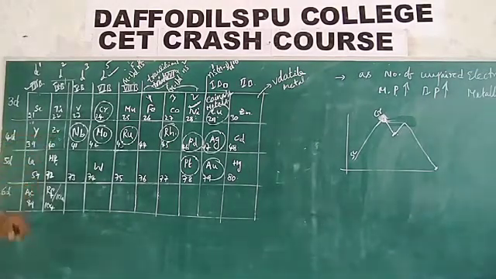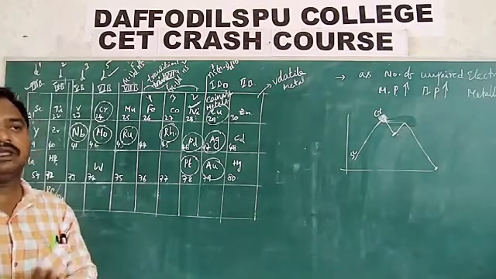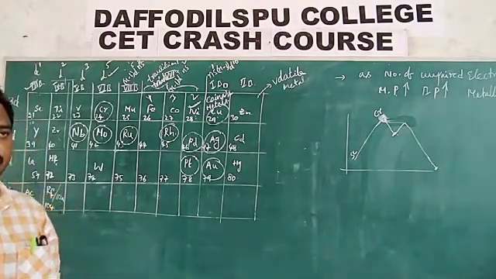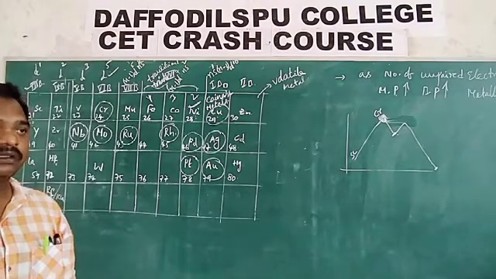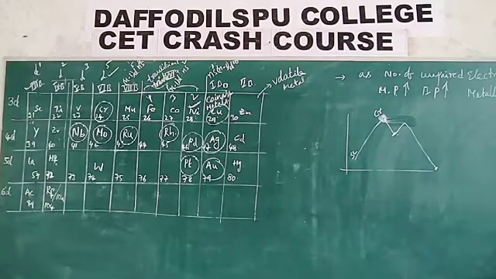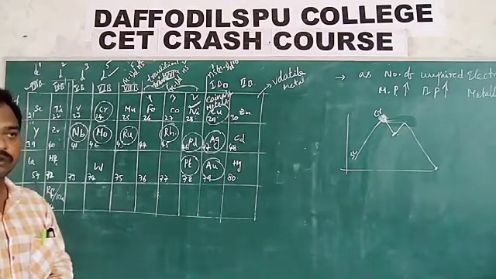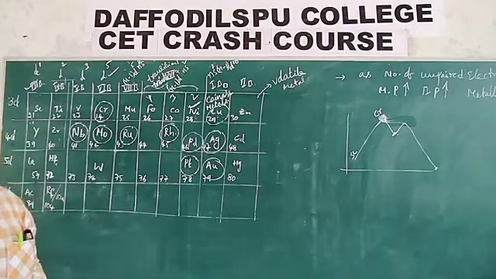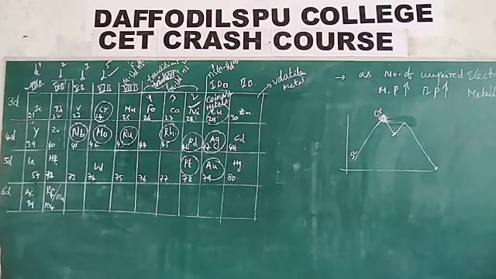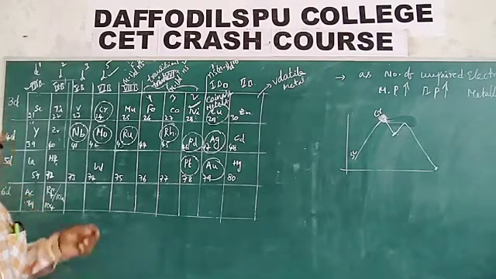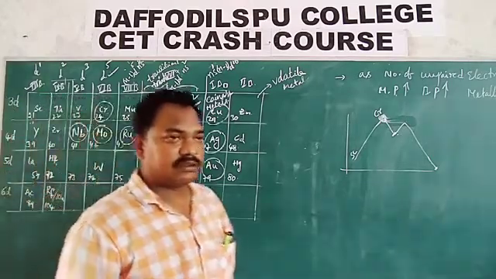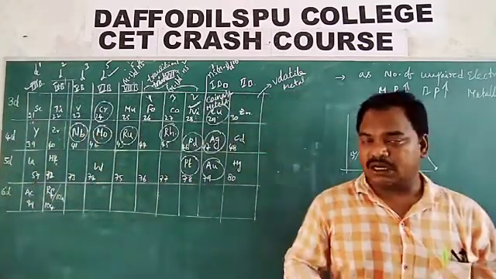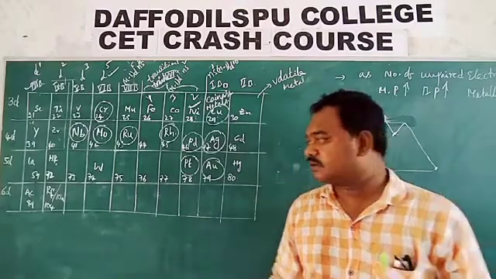After that, from zirconium to hafnium, atomic sizes are nearly equal due to lanthanide contraction. When lanthanide contraction is observed, ionization potential slightly increases, not decreases. From zirconium to hafnium, ionization potential increases.